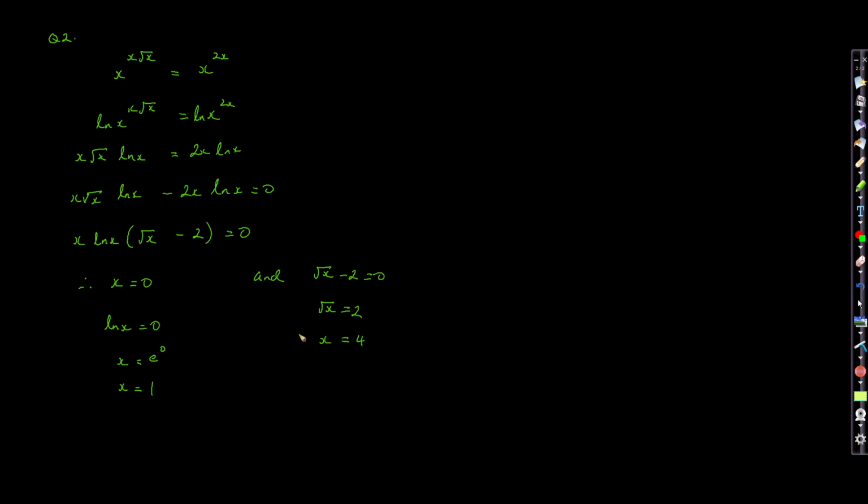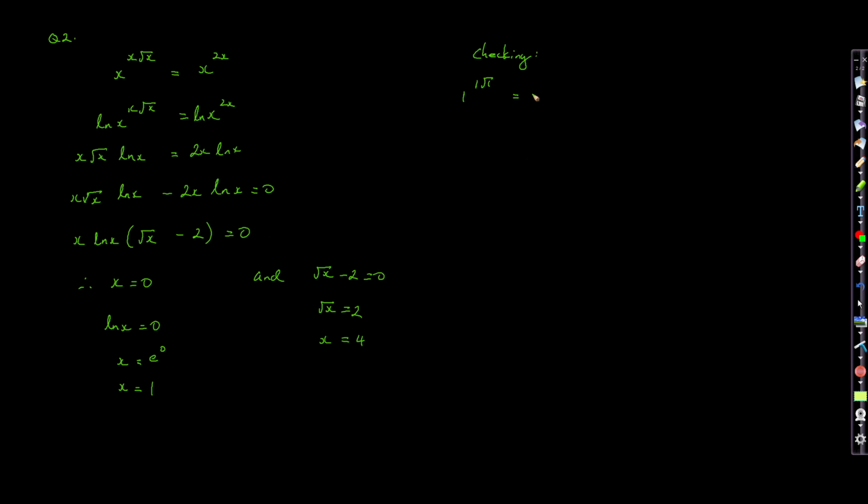Now the only thing we need to be careful about here is to always check your solution. So just checking. If we make x equal to 1, we get 1 to the power of 1 root 1.